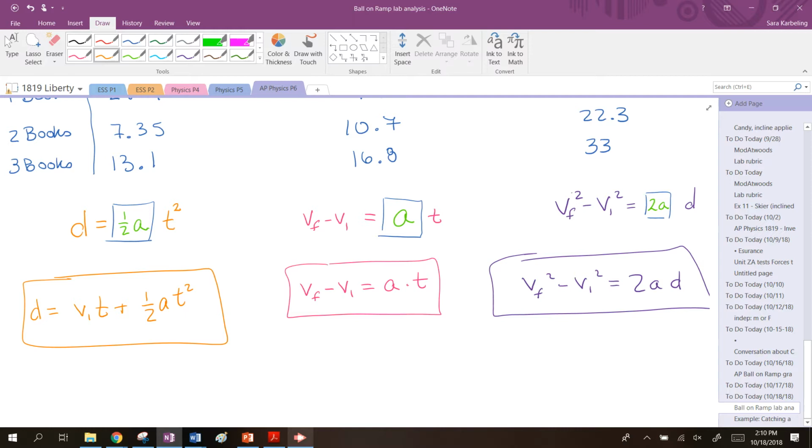But I want you to just focus on the top left-hand corner of this. That first one right there, and the second one is this one right here, and the third one is this one right here. And the fourth one you already know, because it's just acceleration is F net over m. And the fifth one you already know too. Do you see that? That's all you need to worry about right now.